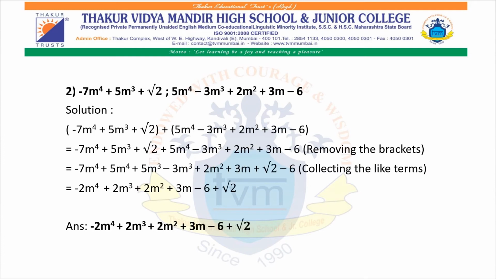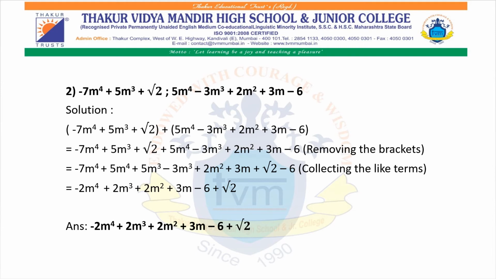Second, minus 7m raised to 4 plus 5m cube plus root 2 and 5m raised to 4 minus 3m cube plus 2m square plus 3m minus 6. First, we are going to write both the polynomials in brackets. Then we will remove the brackets.